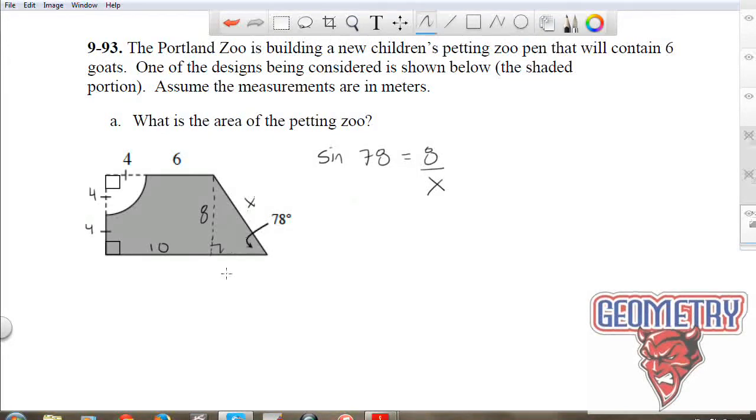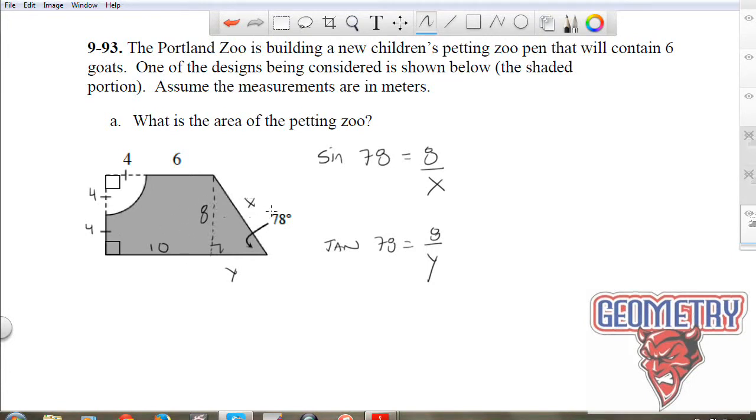So there's x. And then we'll say the cosine of 78 equals, whoops, we don't need the cosine yet. How about tangent? The tangent of 78 equals 8 over y.